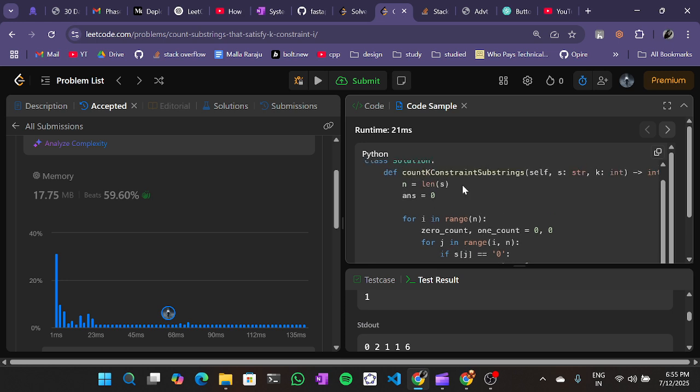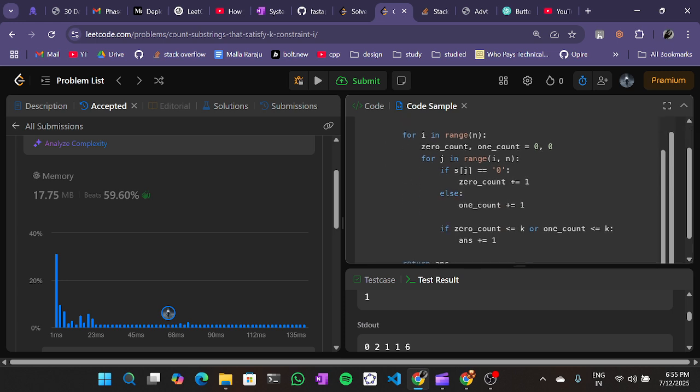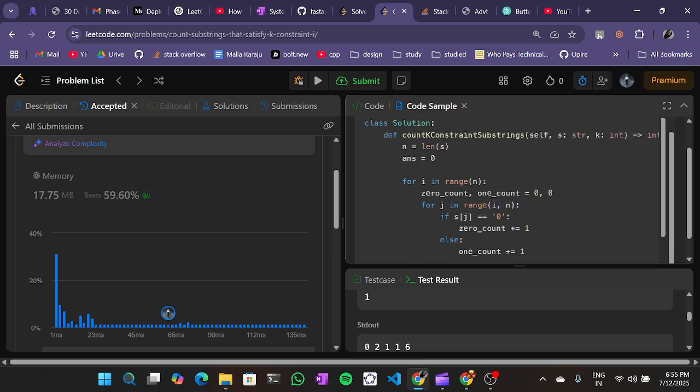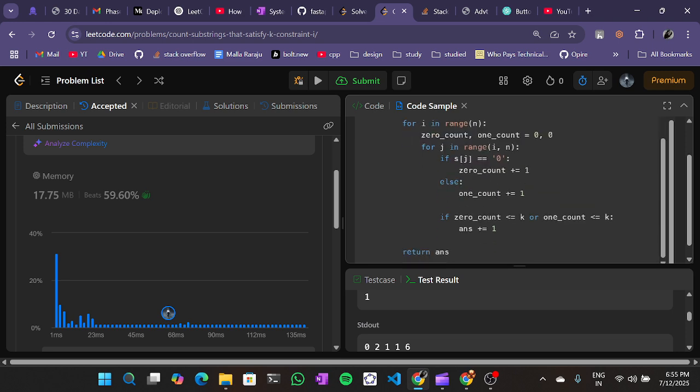So the length function, we should have done this. It looks simple and good. Same here, he's counting zero count and one count, and he's adding the values.